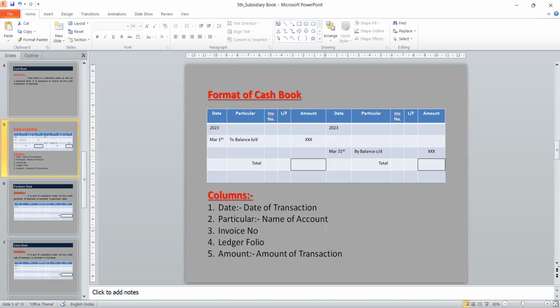Okay, so now how we will record these types of things in the cash book, meaning any cash transaction, we have to record. So let me share the question with you.